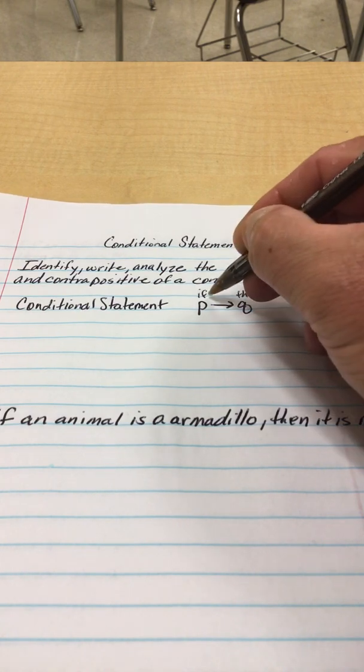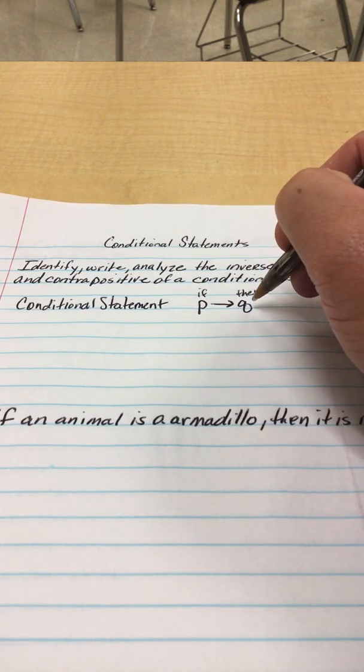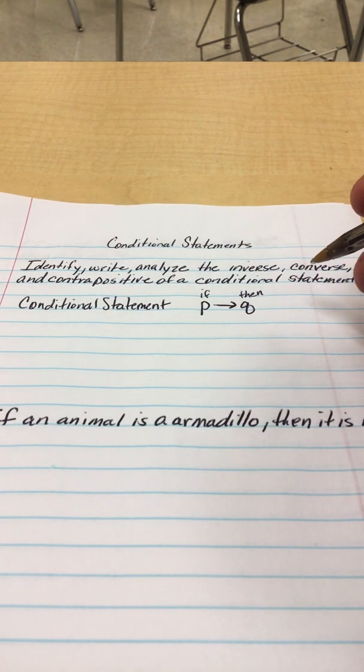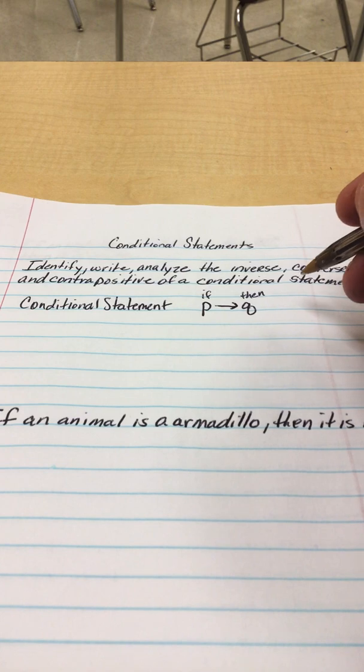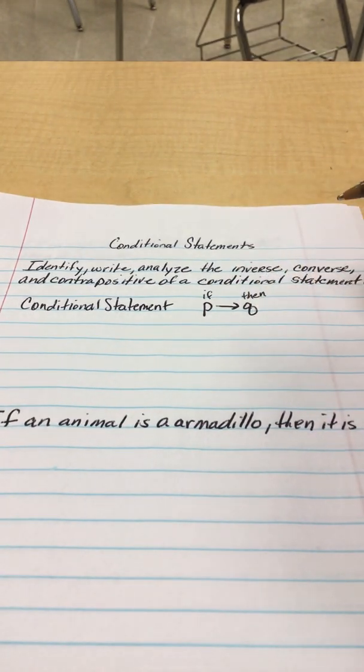So everything after the if, and then everything after the then. Okay? So today we're going to talk about converse, inverse, and contrapositive. We're still going to use the words P and Q, and then we'll get into some examples here.